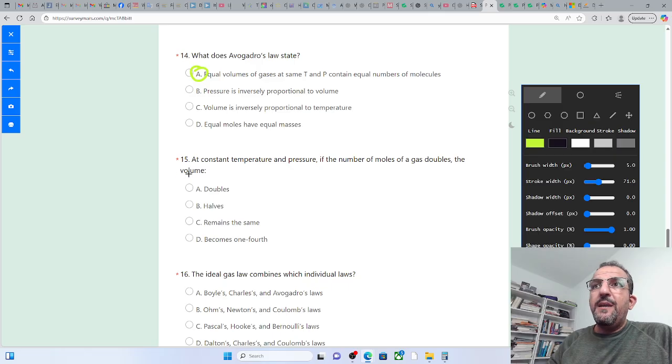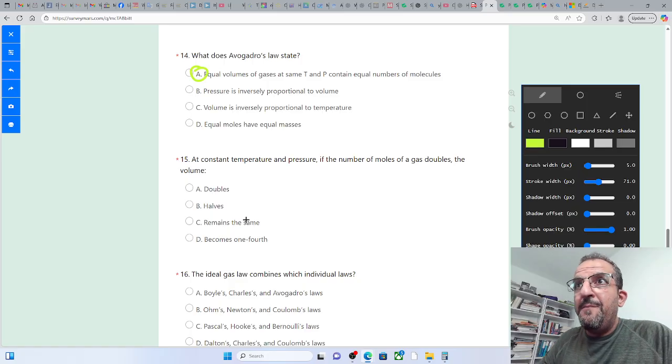For number 15, at a constant temperature and pressure, if the number of moles of a gas doubles, the volume will: doubles, halves, remains the same, became 1/4. Let's see.